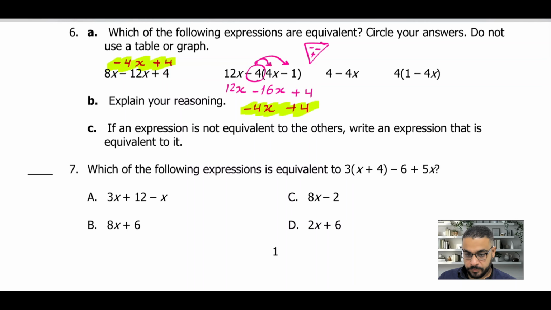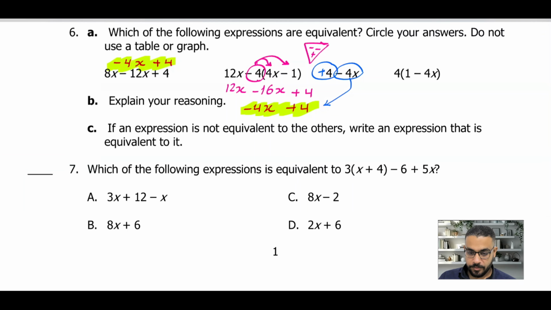Let's talk about the third one, 4 minus 4x. Is it equal to this one? The 4 in the beginning of the question is positive 4. What about making a rotation or a commutative property? Commutative means replacement or changing the places.